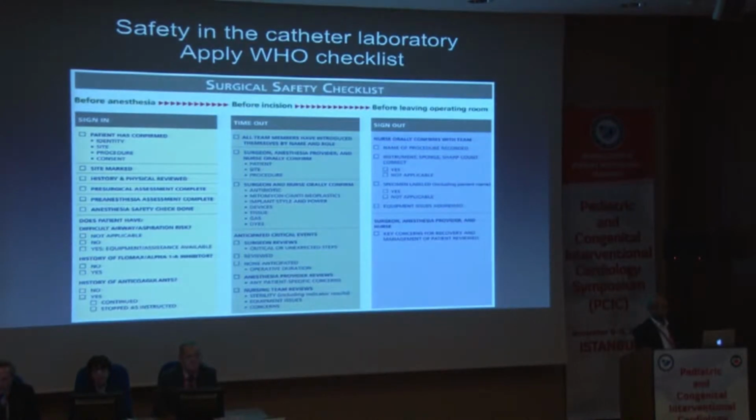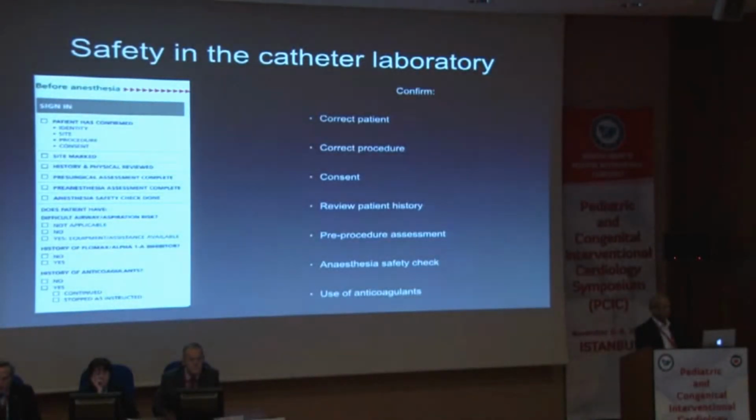This is the WHO checklist for surgical safety, and I'll break it down into small portions. This is widely applied in theaters nowadays by surgeons, but it's an area where we in the cath lab would need to use perhaps a lot more than we have done in the past. On the right-hand side, I've summarized the checklist on the left. Before anesthesia or before sedation, you check that the patient is the correct one.